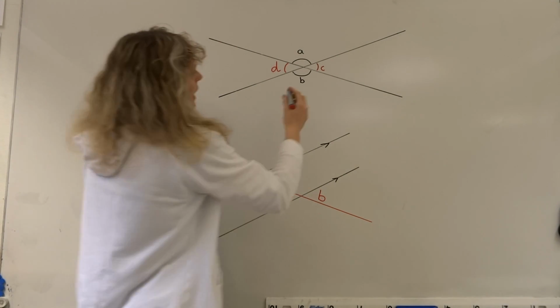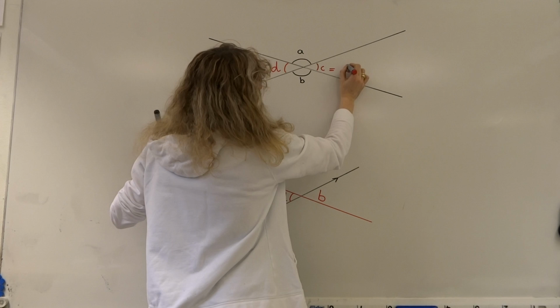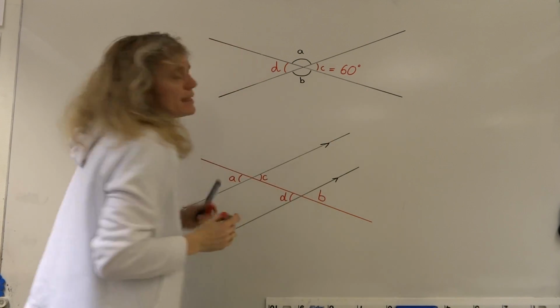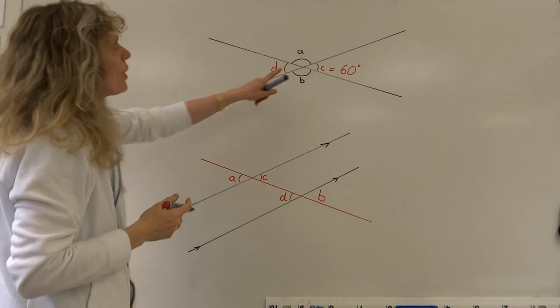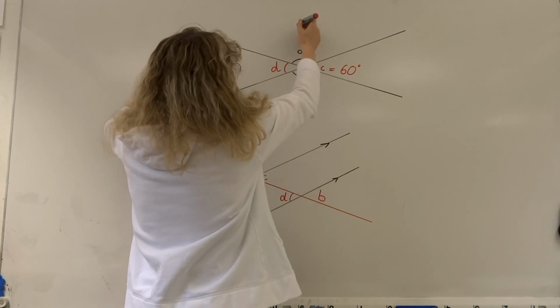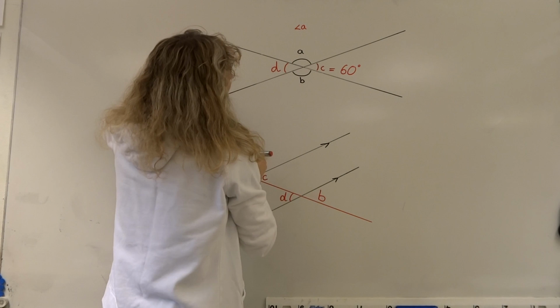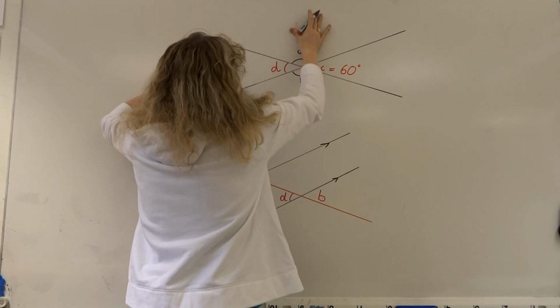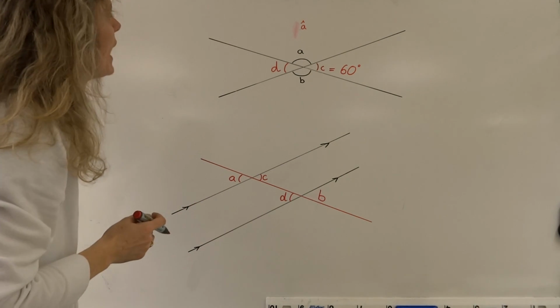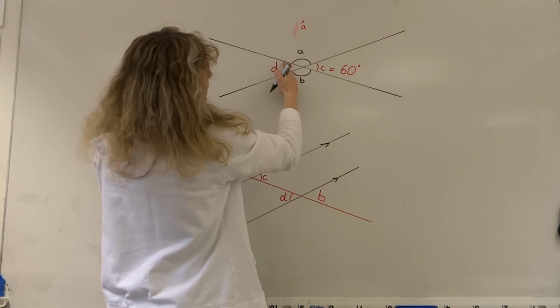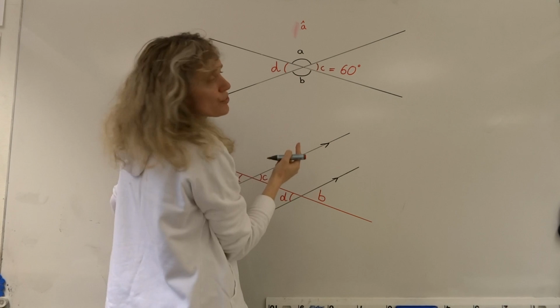Well, let's say that C equals 60 degrees. So we're starting with C equaling 60 degrees. What can we say about angle A then? Well, angle A, or we can actually write it like this, with A with a little hat on the top as angle A. We know that angle A and angle C are on a straight line.